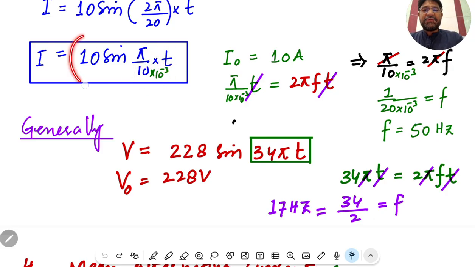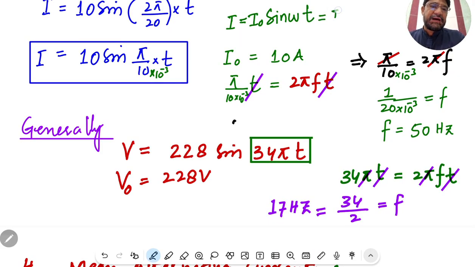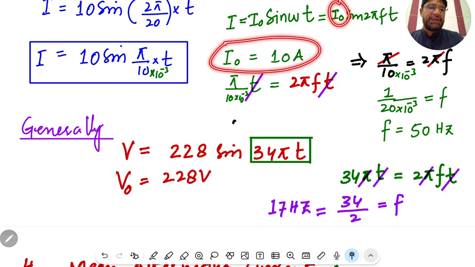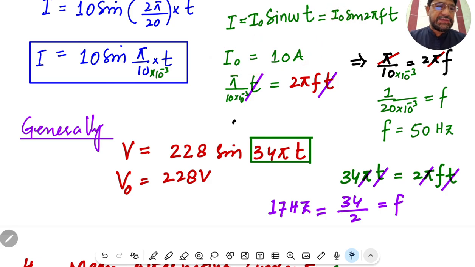When I compare this equation with the general equation, I is equal to I naught sine omega t, or I naught sine 2 pi ft, instead of this 10 I have I naught. So I naught is equal to 10 ampere, which is the maximum amplitude.